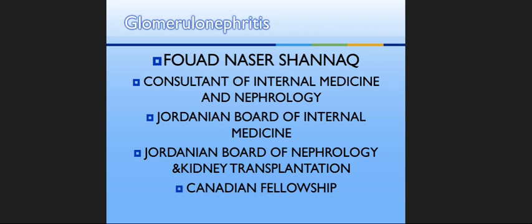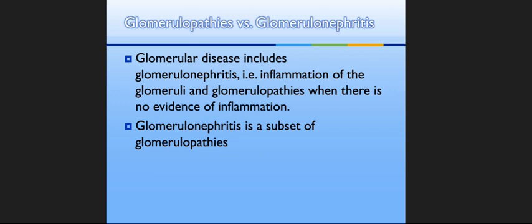So let's start by talking about glomerulopathies versus glomerulonephritis. In books, you will find the two terms, glomerulopathies and glomerulonephritis. The glomerular disease includes glomerulonephritis, i.e., glomerulonephritis means inflammation of the glomeruli.